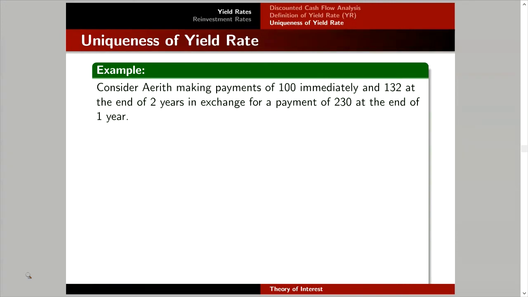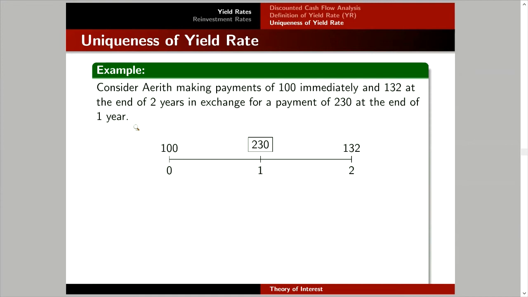So may lumabas na pera sa kanya. 100 at time 0 and 132 at time 2. Ngayon, ang matatanggap niyang pera is 230 at time 1. So let's have this time diagram. So instead of writing 100 as negative 100, 132 as negative 132, ang ginawa ko na lang, binaks ko na lang itong positive amount. Ito yung perang papasok kay investor. Okay? Okay. Walang question.